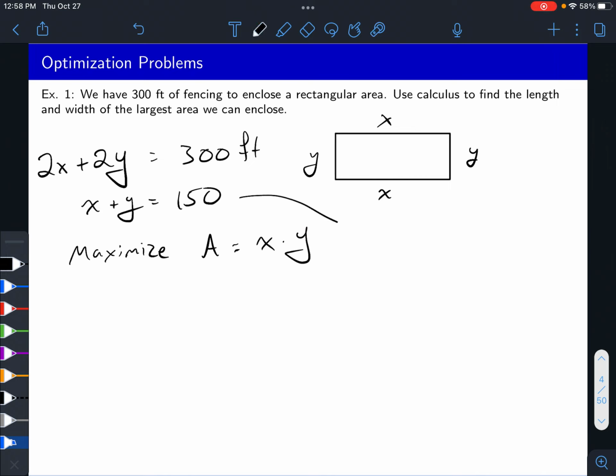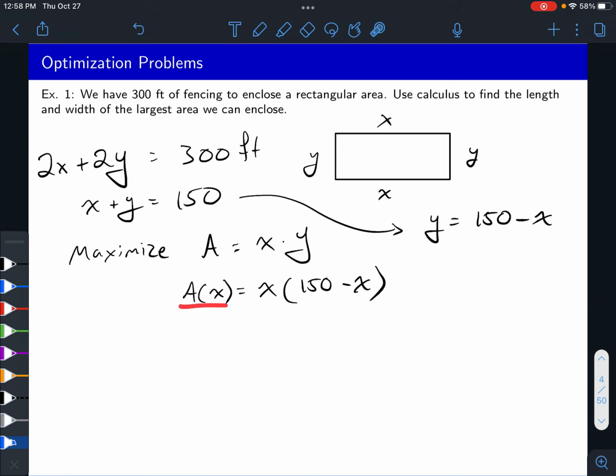Well, then up here, I can solve for y just by subtracting x on both sides and get y is equal to 150 minus x. And then I can replace y with what we just found, 150 minus x.